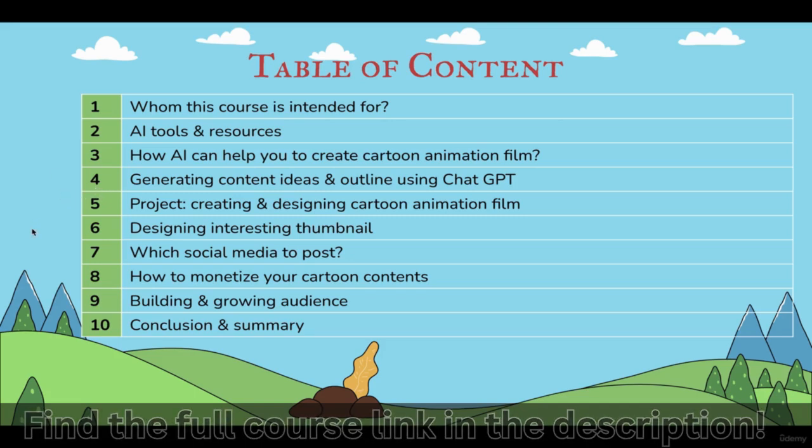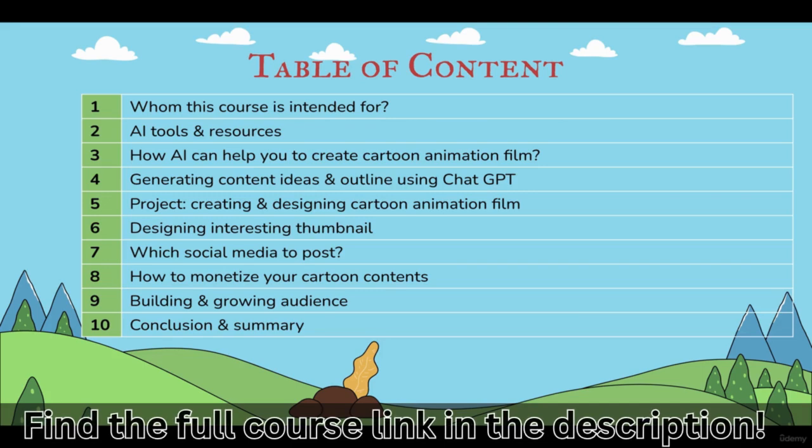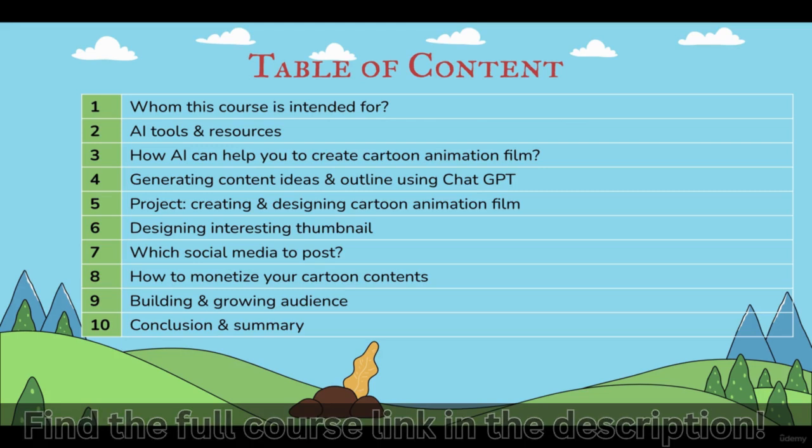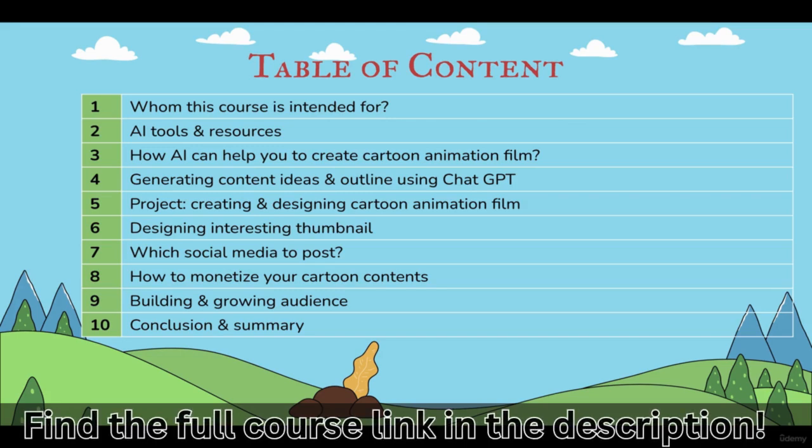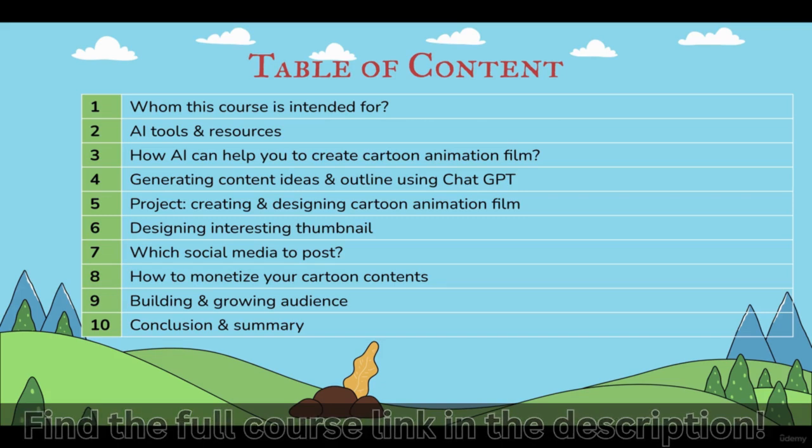Let's move on to the next one here, chapter 6. We're going to learn how to design an interesting thumbnail. Obviously, when it comes to content creation, when it comes to film creation, thumbnail is very important, guys. The reason why? Because that's going to be the first thing that your potential audience will see. If your thumbnail is interesting, then most likely they're going to click on it and watch your content or your film.